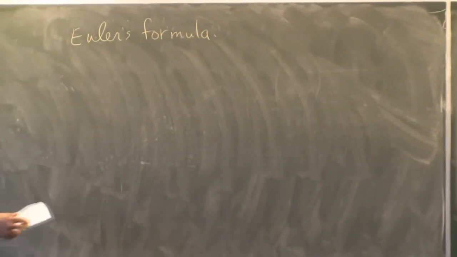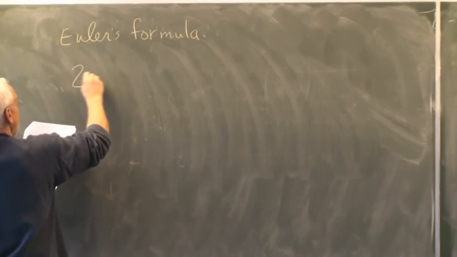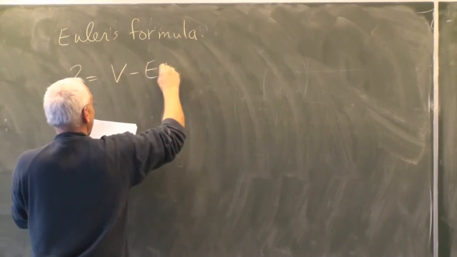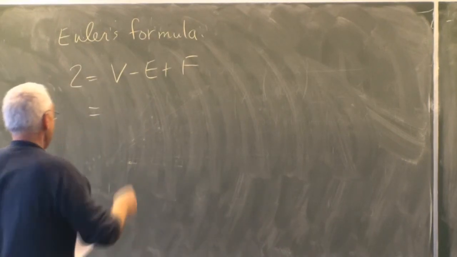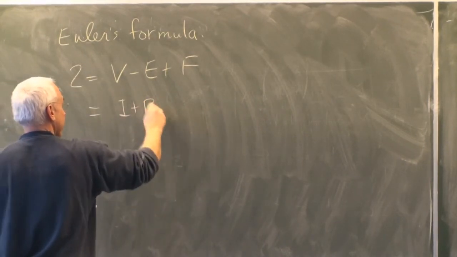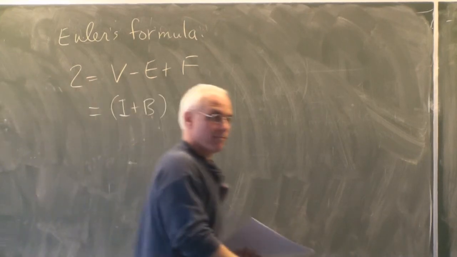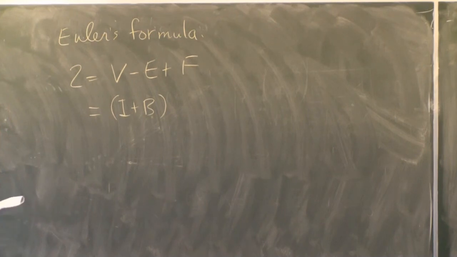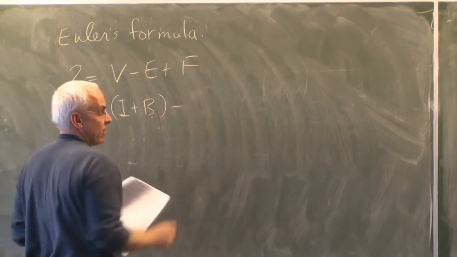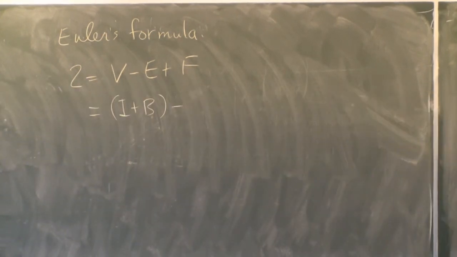Euler's formula for this planar graph, 2 equals V minus E plus F. Okay, so what are these various things? V is equal to I plus B, from over there, minus the number of edges. Well, the number of edges we can solve from here: 3T plus B over 2.